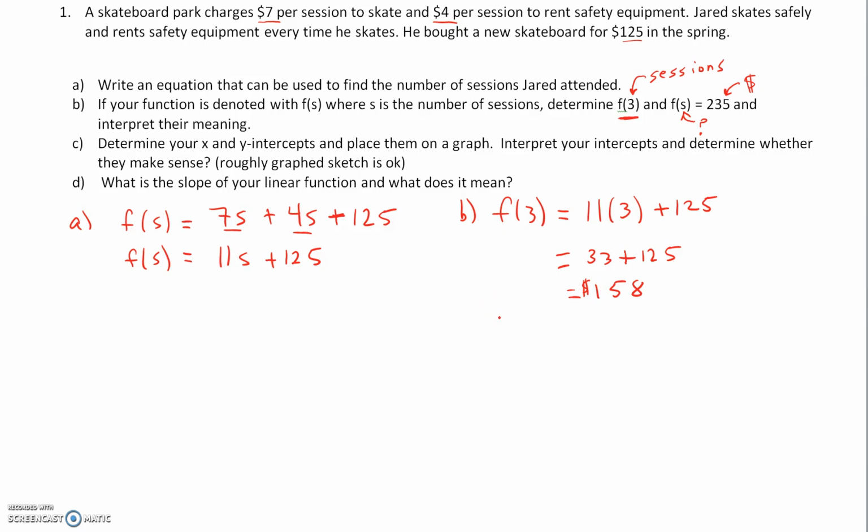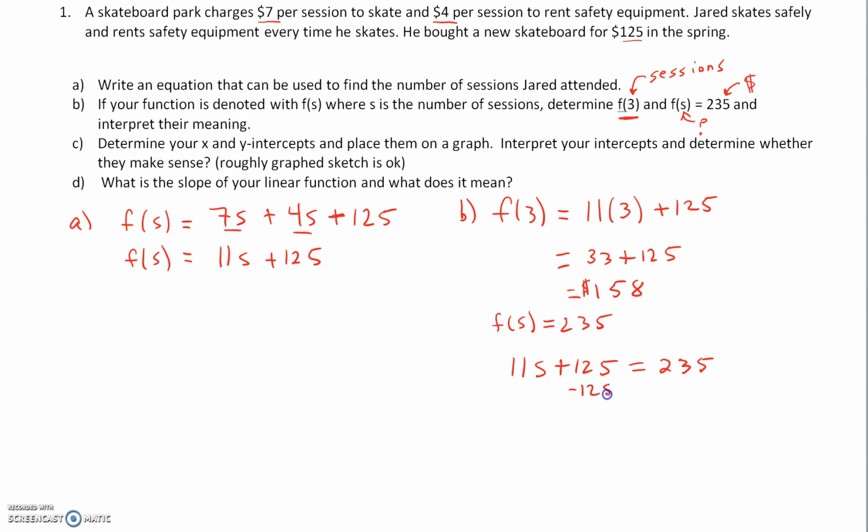Now for f of s equals 235. This means that I know my final cost. So I know that my function 11s plus $125 is going to equal a total of $235. How many skate sessions is that going to be?